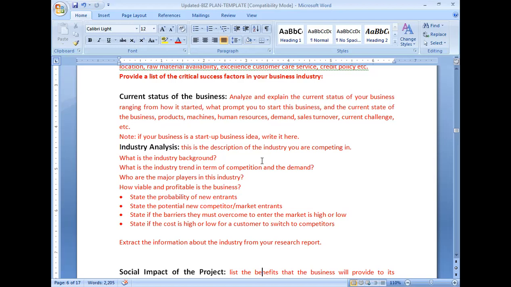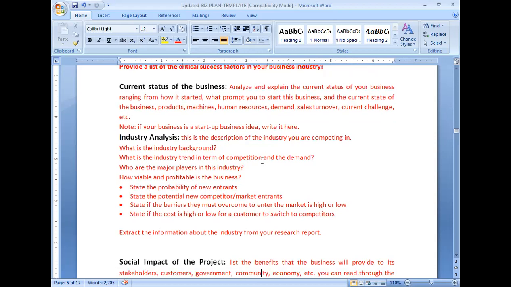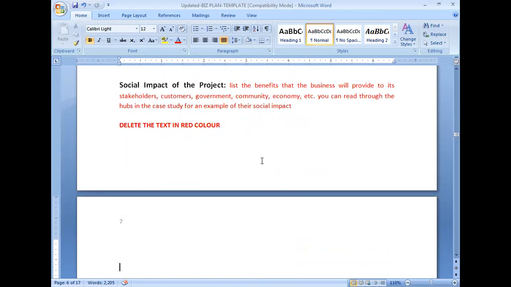You now copy the one written by a reputable organization or website, and paste it under your industry analysis, and ensure to also include the source of that information in your business plan to avoid plagiarism or copyright issues.